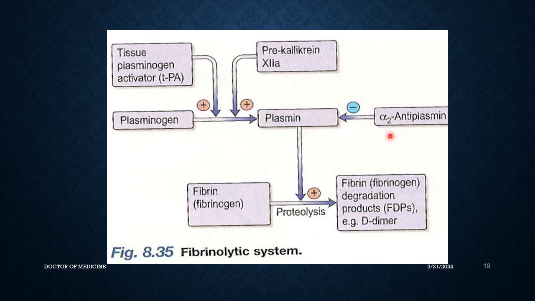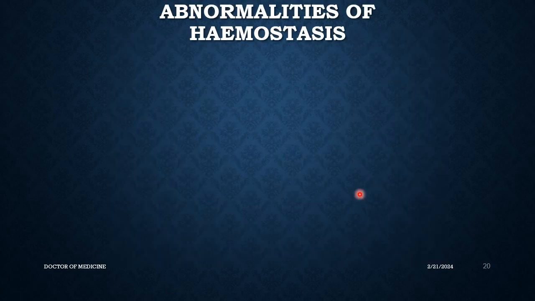We have alpha-2 antiplasmin, but we don't need to talk about it right now. Plasmin will then activate the proteolysis of the fibrin meshwork, the fibrin threads. Fibrin will then be converted to a degraded form, so we get the degradation products of fibrin by the activity of fibrinolysin. That's essentially what we call the fibrinolytic system.